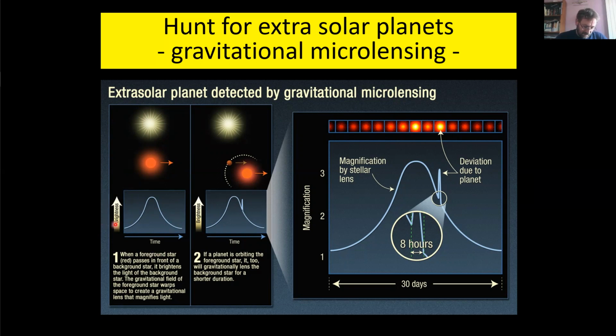That would give us a light curve like this if you see no planet. And it must be, of course, just in the right plane, that a planet also moves in front of this background star, it might then cause a little spike while it's moving in front of the background star. That is called gravitational microlensing.